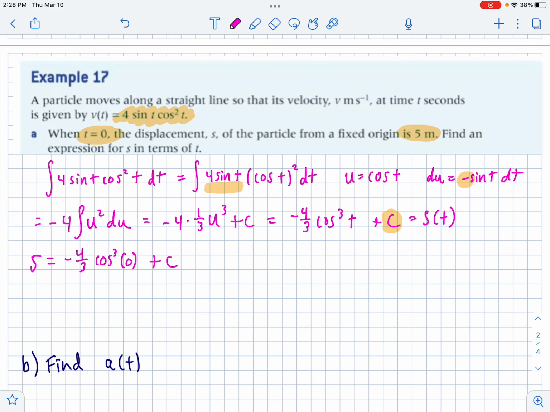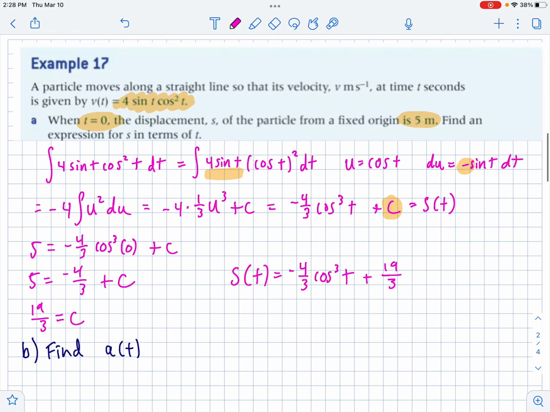Now, cosine at 0, if you think about the unit circle, is positive 1. So cosine cubed also is positive 1. So 5 equals negative 4/3 plus c. Add 4/3 to both sides, and we get 19/3. So that means s of t is negative 4/3 cosine cubed t plus 19/3.